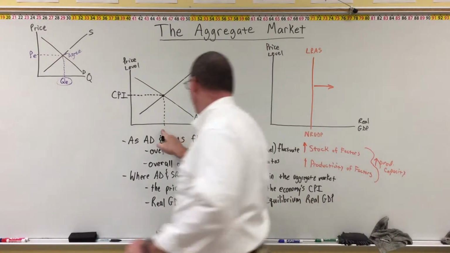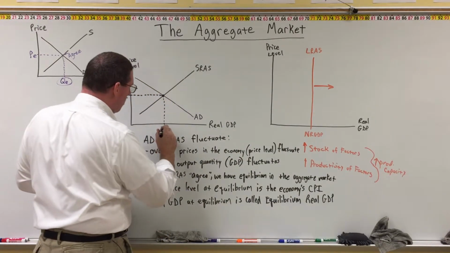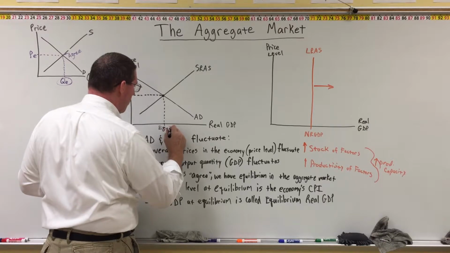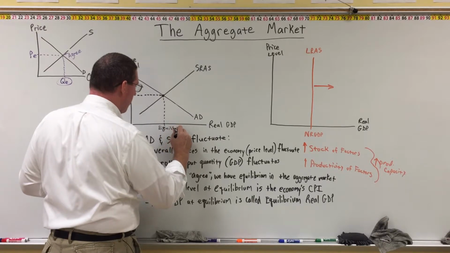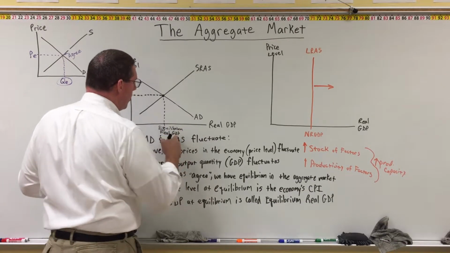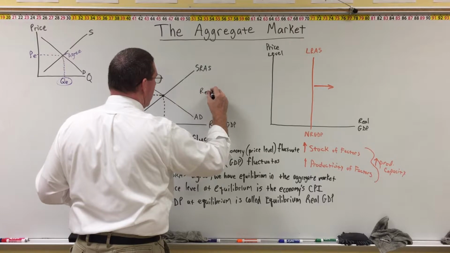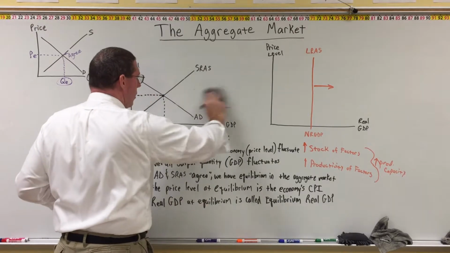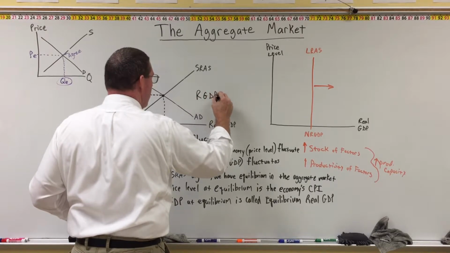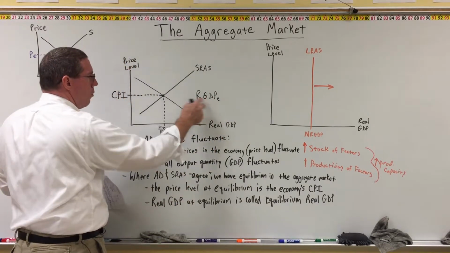Okay, and so here, this equilibrium point, equilibrium quantity, is equilibrium real GDP. And we can represent this as real, well, I'm probably going to write it a lot. You'll see me writing this a lot as RGDP with a little E there, equilibrium real GDP.